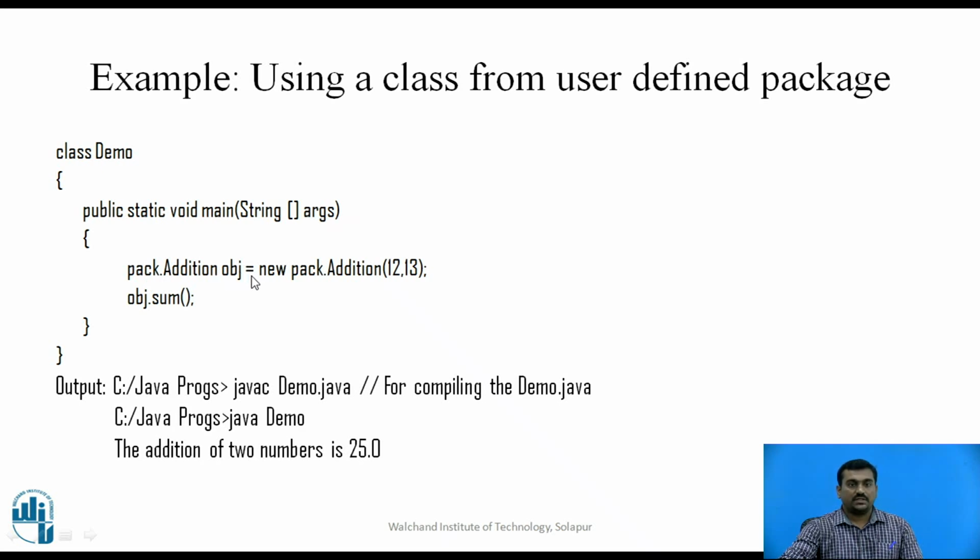Object is the name of the object which I am creating. new is the keyword for creating an object, pack.addition. Then I am using the parameterized constructor which I have defined, passing the values 12 and 13. Then I use this created object to call the method, object.sum. If I compile and run this demo program, then a message will be displayed on my computer screen as the addition of two numbers.